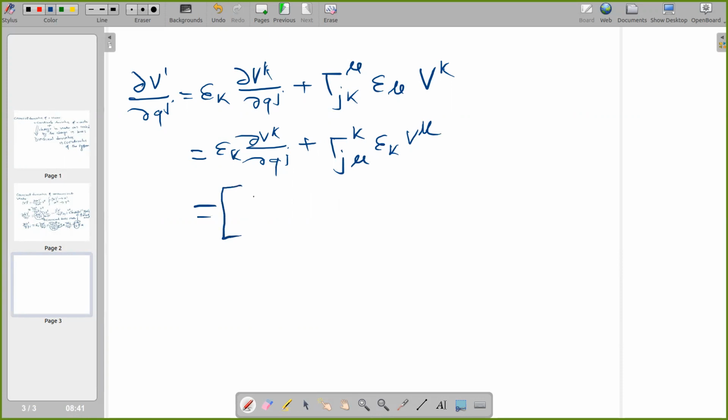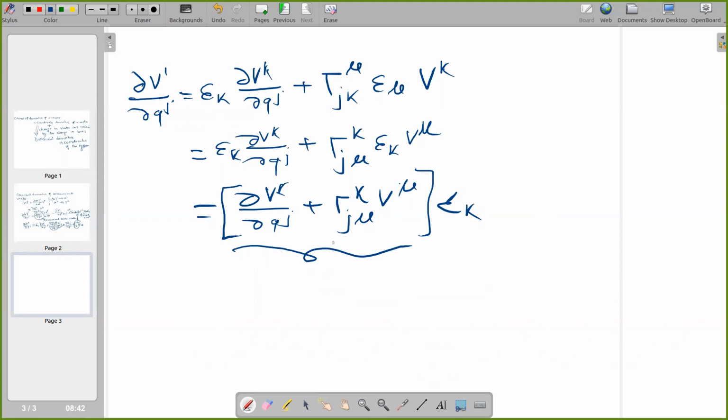Then we have the term in the bracket, which has two terms. The first term is the coordinate derivative, and the second term represents the change of v caused by the change of the basis vector.